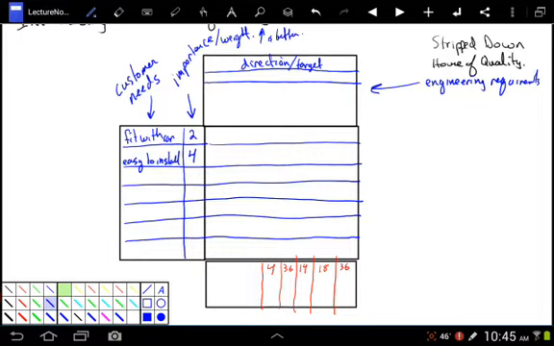So, less is better, more is better, or if you have a target, like a target weight, like you want it to weigh 10 pounds, no more, no less, you're going to put that up here on this top row. You're also going to put the units that you measure this engineering requirement in. Very rarely you'll have engineering requirements that don't have units, but for the most part you will, so you'll put your units here. And then we're going to list our engineering functions.